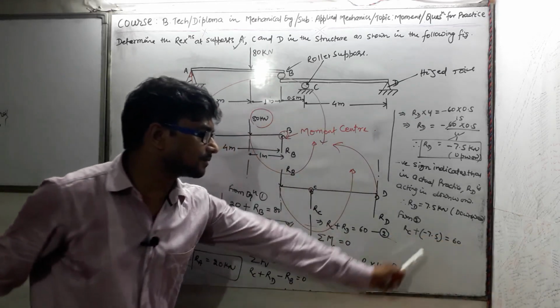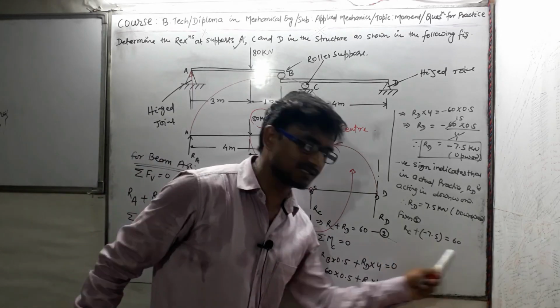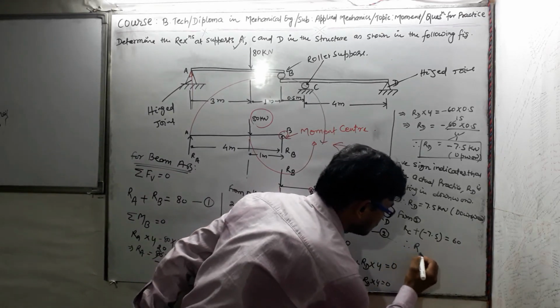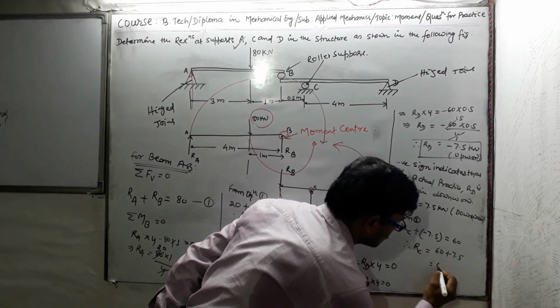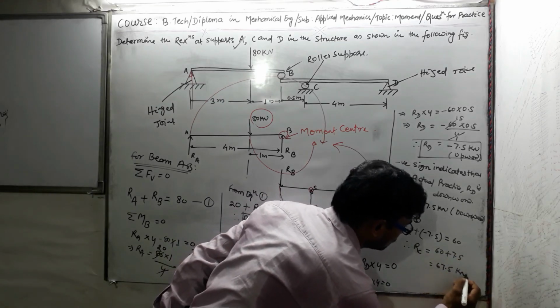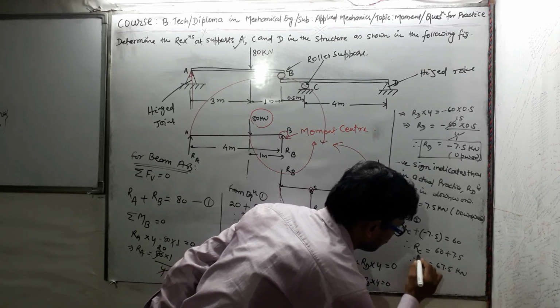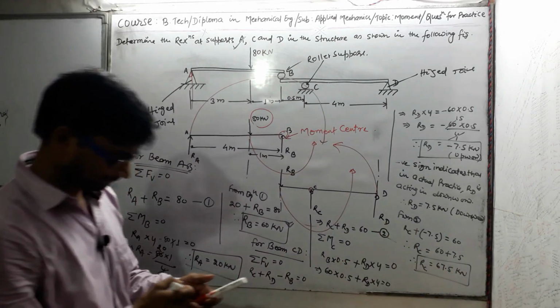While transposing this 7.5 with the negative sign, it becomes plus. So we will have the RC value as 60 plus 7.5, which is 67.5 kilonewton. This is the value of RC.